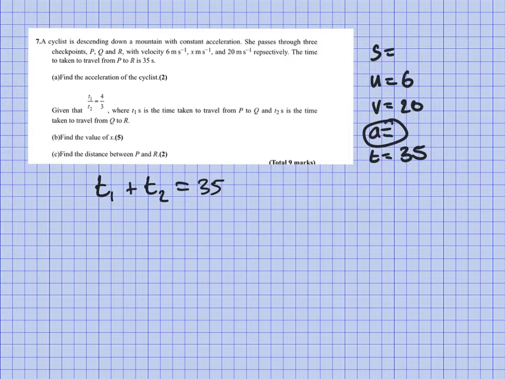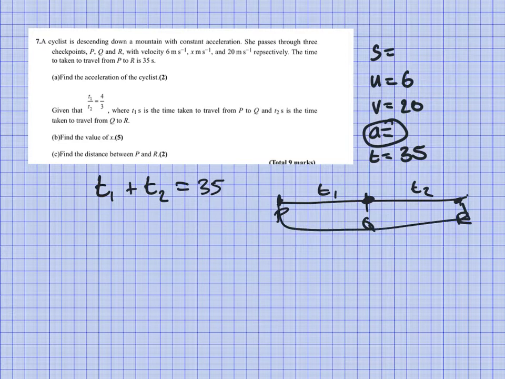If we look at this on a diagram, we've got P, Q, and R. The time taken to go from here to here, that's T1. Time to go from here to here, that's T2. And the total is 35 seconds. So that's why I can say that T1 plus T2 is 35. I mean, that's obvious.